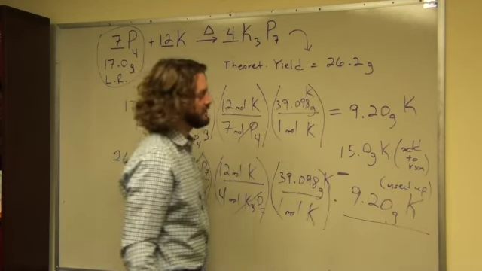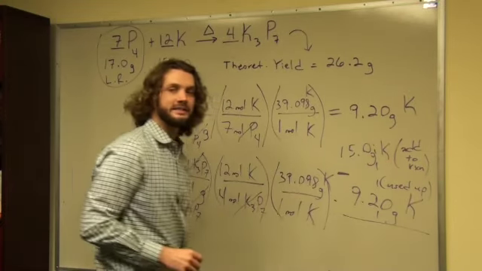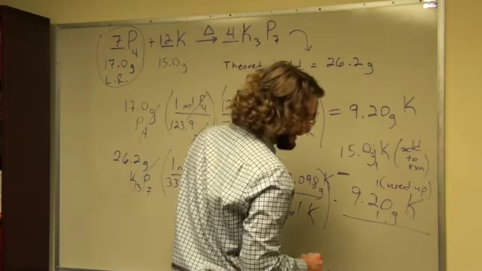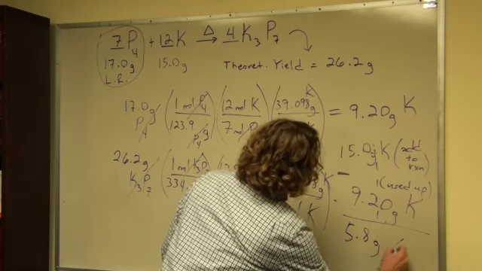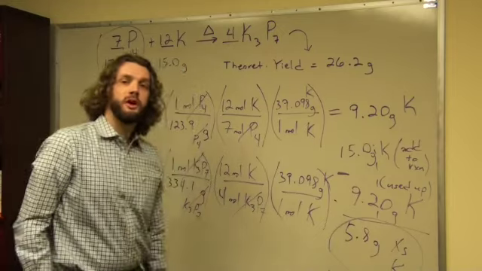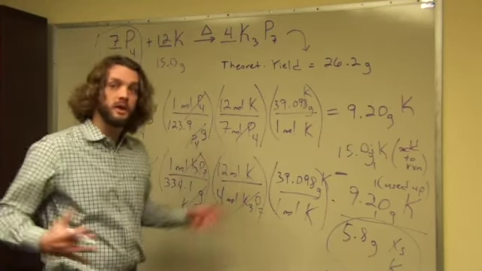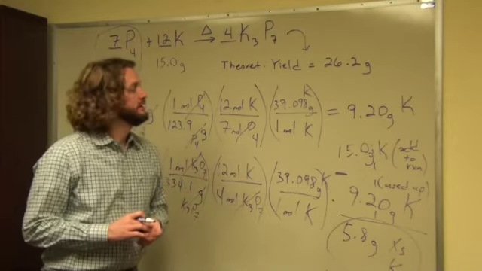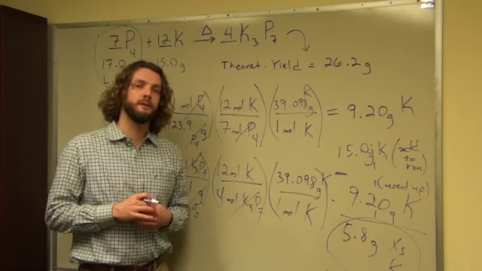I'm going to get that difference, and that's all I have to do to get our excess potassium. So when we do that, what I find is that I get 5.8 grams of excess potassium. That will be how much we over-added in terms of running this reaction stoichiometrically. We added that much in excess in our original example. So again, those are some other ways that you can use stoichiometry.